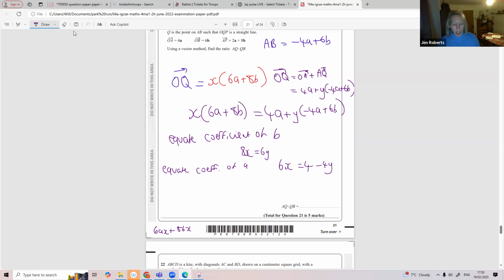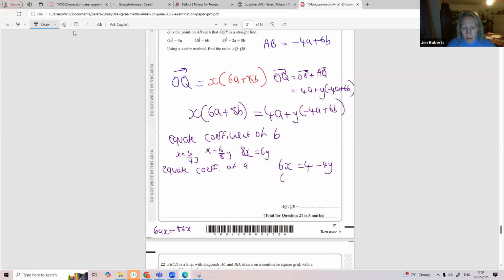Now I've got two equations involving X and Y. So what I'm going to do is make X the subject or Y the subject. I want it in terms of X, I think. So X equals 6/8 Y, dividing both sides by 8. Or we could say X is 3/4 Y, couldn't we? And I'm going to put that into here.